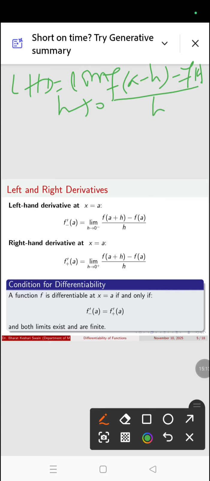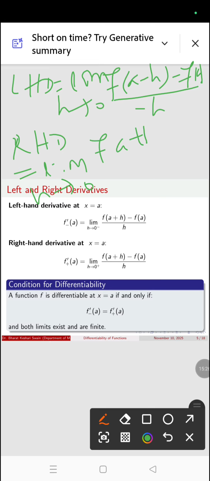This is your left hand derivative, and your right hand derivative will be limit h tends to 0, f of a plus h minus f of a, divided by h. You just remember these two formulas, and using these two formulas, your LHD and RHD, we will check the differentiability of the given function at any point.